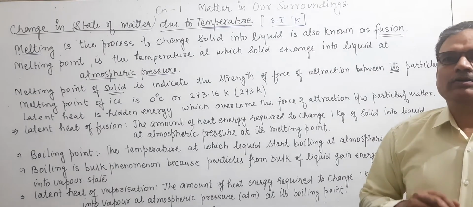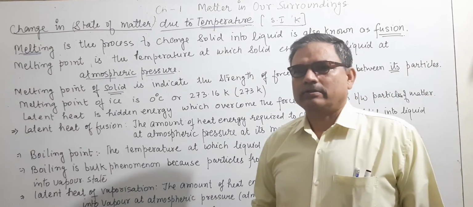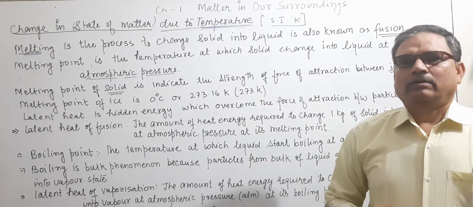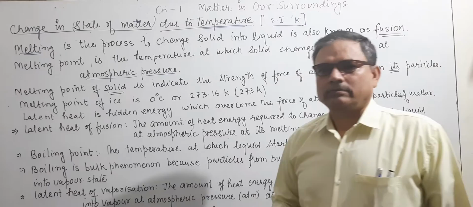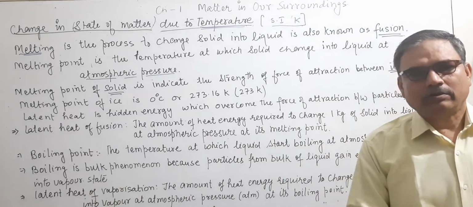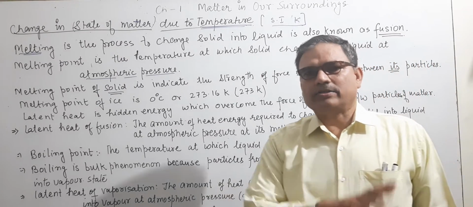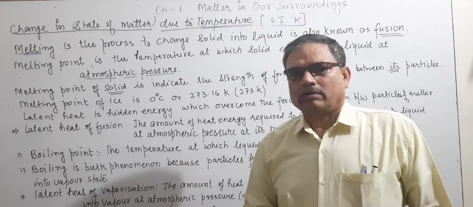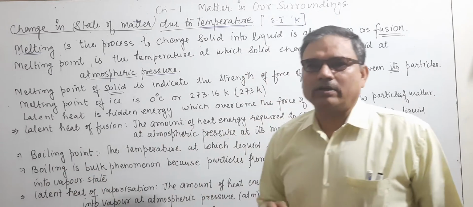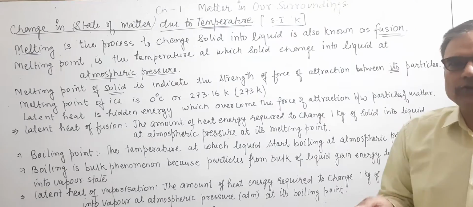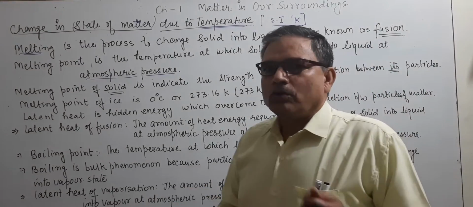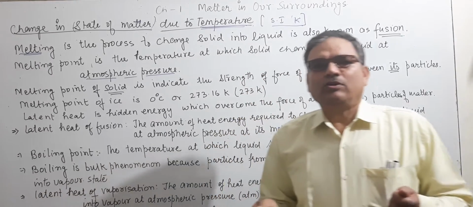A thermometer is an instrument which is used to measure the temperature. When we measure the temperature of ice with the thermometer and note it down, and simultaneously measure the temperature of the water obtained from ice, is there any difference? No change in the temperature. उन दोनों के बीच में टेम्परेचर चेंज नहीं होगा.